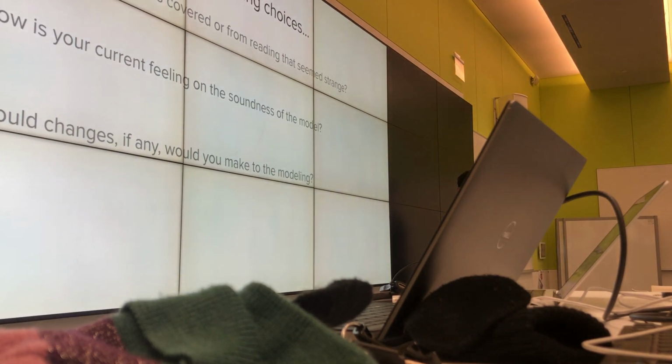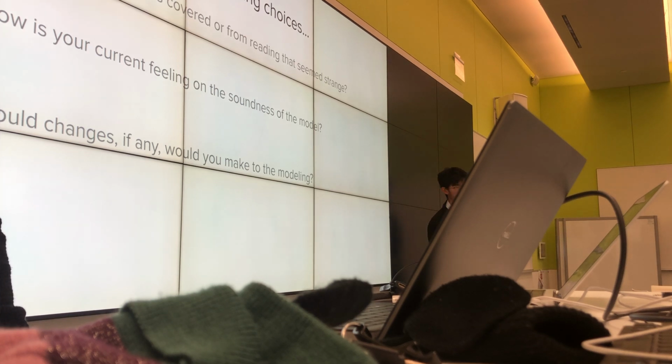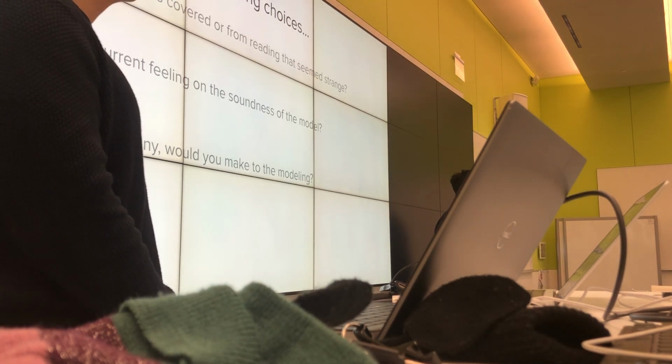All right, one more before we go to the next slide. Are there any ideas about how we might improve the modeling based on what we've seen so far?